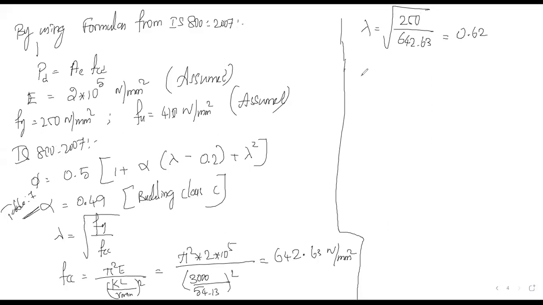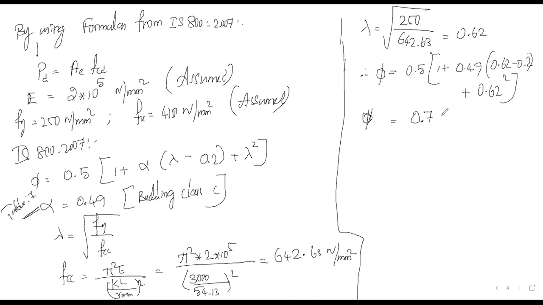Now therefore phi is equal to 0.5 into 1 plus alpha value 0.49 into lambda value 0.62 minus 0.2 plus 0.62 the whole squared. If I substitute this value, I get phi as 0.79.